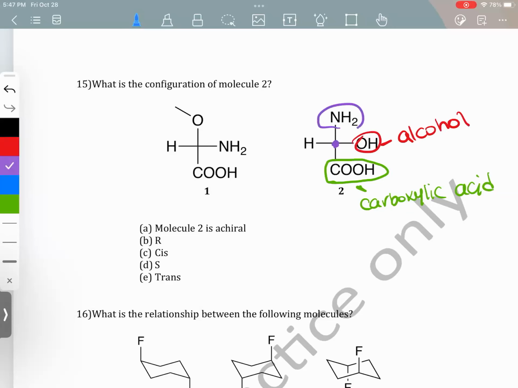You have, I think this is an amine, right? And then you have, of course, your little hydrogen. So which group has higher priority? What do you think?